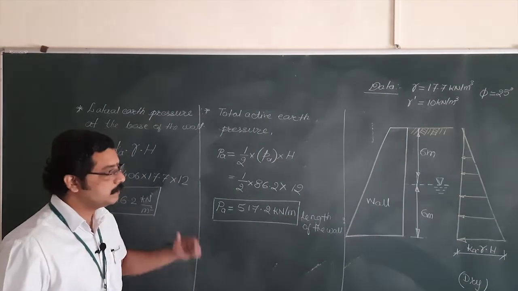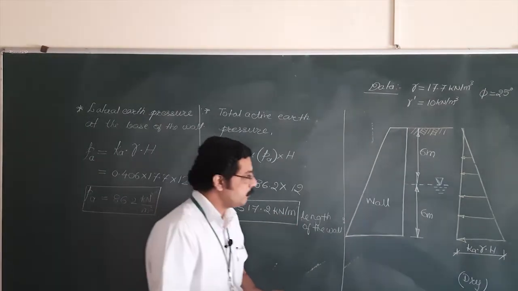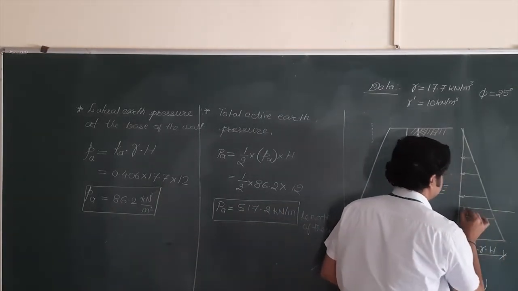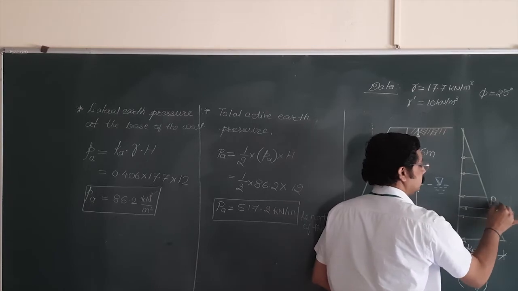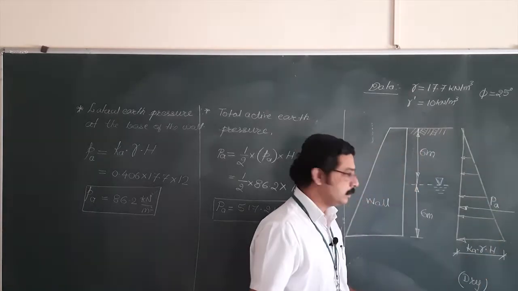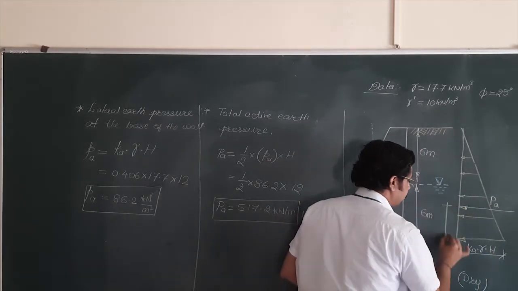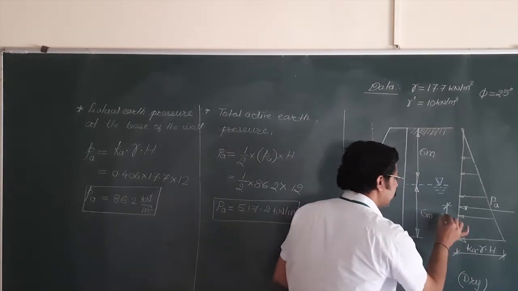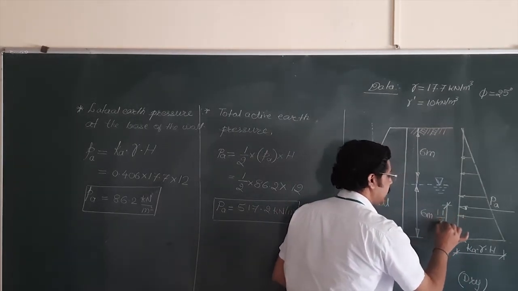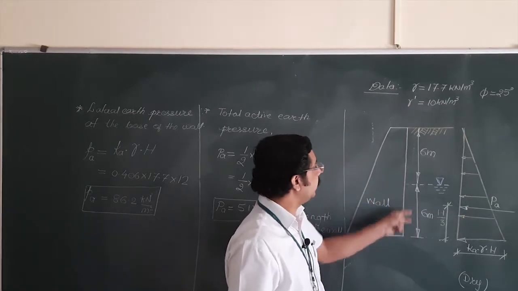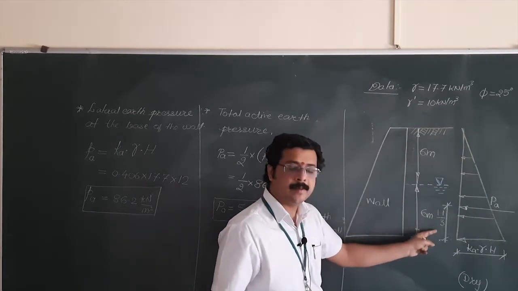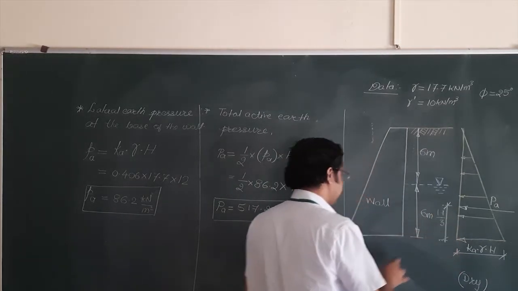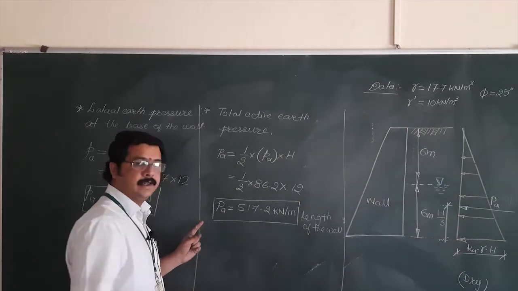This is PA. Where this PA will act, its point of application will be somewhere over here. This is going to be PA, and the height at which this total active earth pressure is acting is going to be capital H divided by 3. Total height is 12 meter, divided by 3 means 4 meter. So this distance is going to be 4 meter. In what way we will write here then?